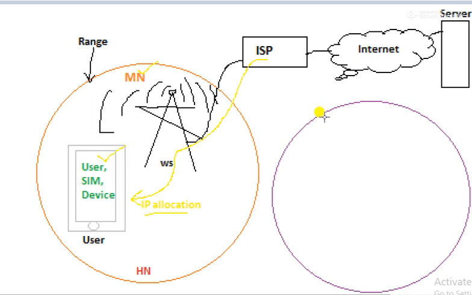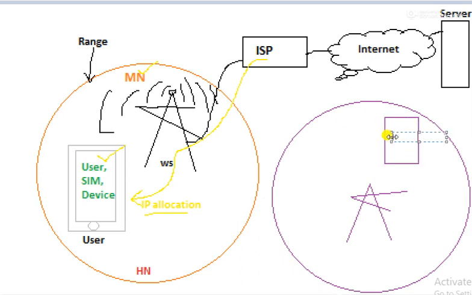I'm going to draw the wireless station again for that foreign network. In a similar manner, this foreign network will have its ISP, and this wireless station will be connected to the ISP. The ISP will further connect to the public or global network.